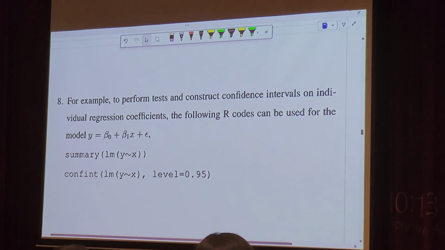lecture. And for regression to be useful in practice, you need to be able to test a data set, right? And R has two functions. One is called summary. One is called confidence interval. For you to do testing and construct confidence interval.